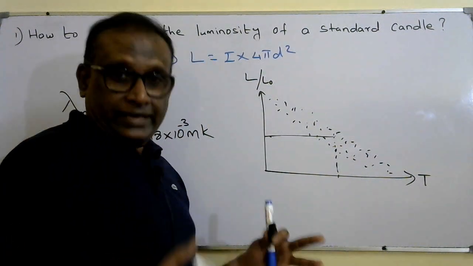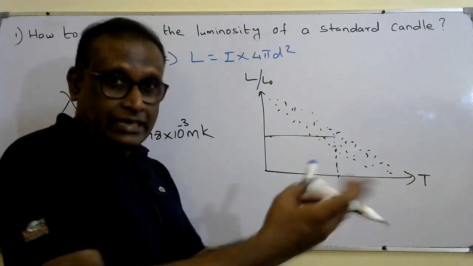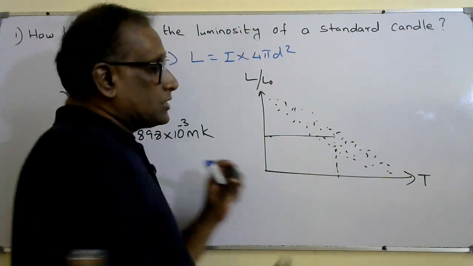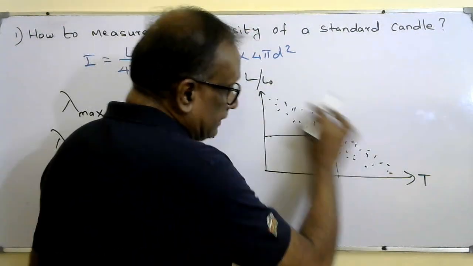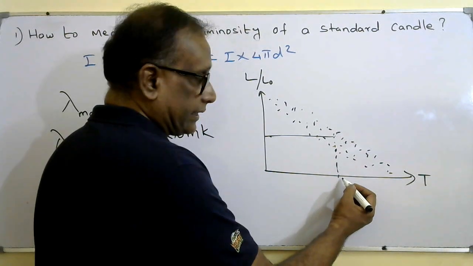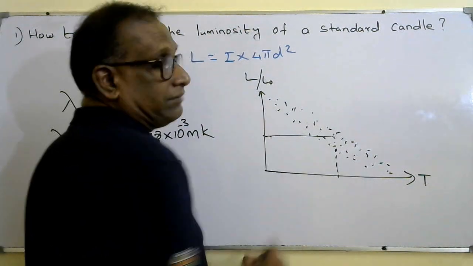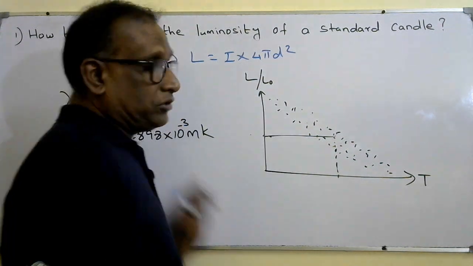But anyway, the examiners accept this method. Normally the past paper questions accept that. So by using this HR diagram, find the relative luminosity.